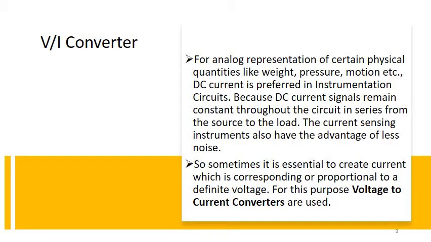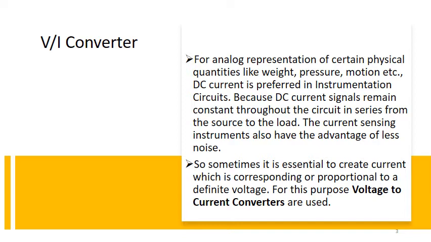Why are they used? For analog representation of certain physical quantities like weight, pressure, motion, etc., that are measured from the sensors, they require DC current in order to perform in my instrumentation circuits, because DC current signals remain constant throughout the circuit in series from the source to load.